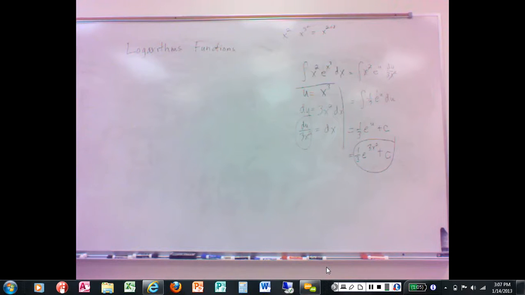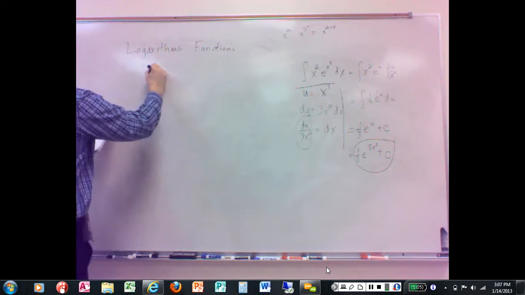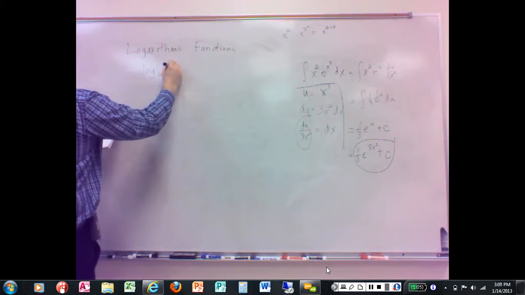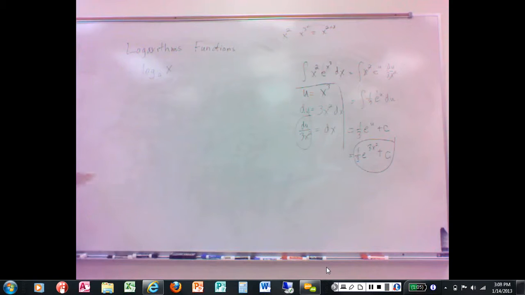What do we mean? If I have log base a of x, it's just kind of a convoluted way of representing a number, isn't it? What do we mean by that?